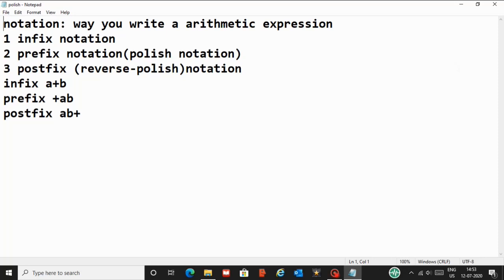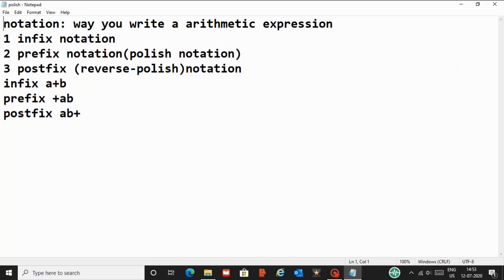The infix expression is a plus b, wherein the operator plus is in between the operands, and in prefix it is placed before the operands, that is plus ab. This is the equivalent prefix expression for the infix expression a plus b.